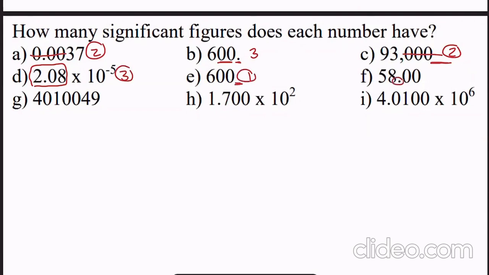I see the decimal point, 4 significant figures. Captive zero, I have to include them. 3, 4, 5, 6, 7 significant figures. I see the decimal point, I have to include them. 4 significant figures. I see the decimal point, I have to include it. 5 significant figures.